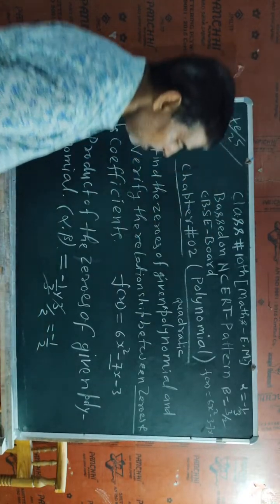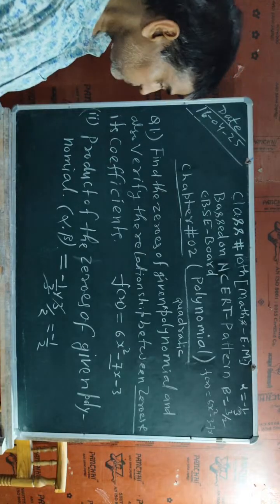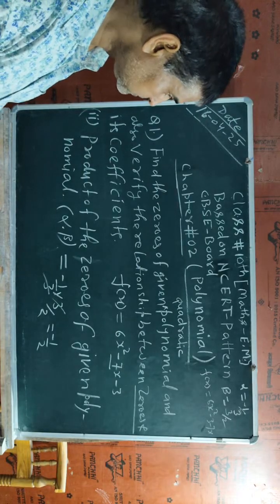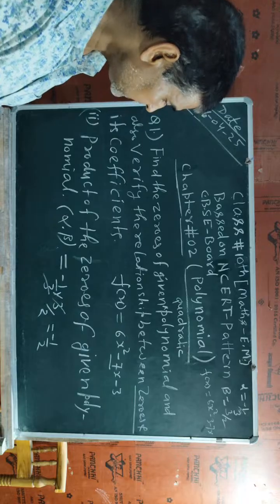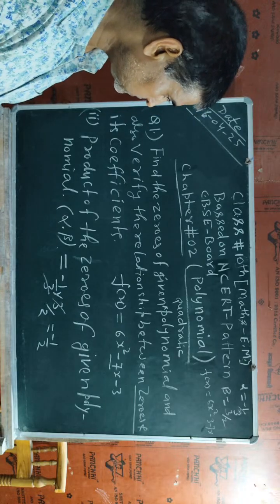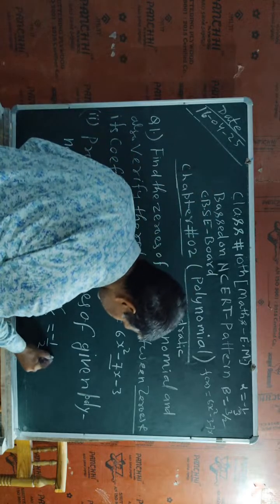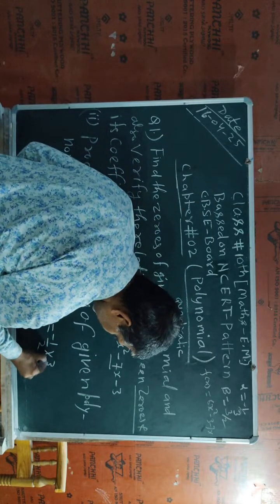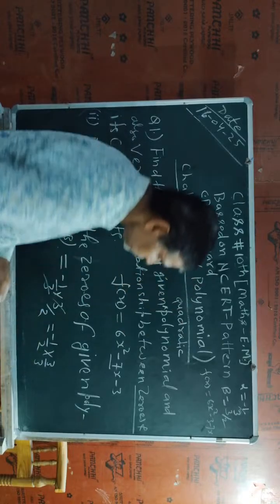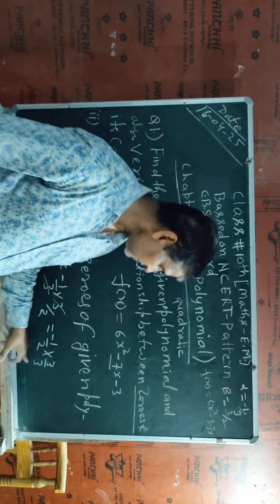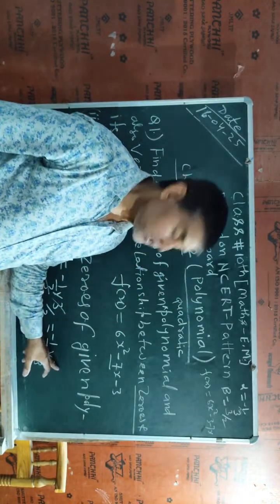Okay student, so I will arrange it like this. I will multiply here with 3 divided by 3. We can easily multiply by 3 divided by 3 and there will be no change.